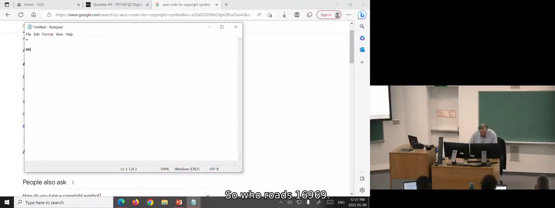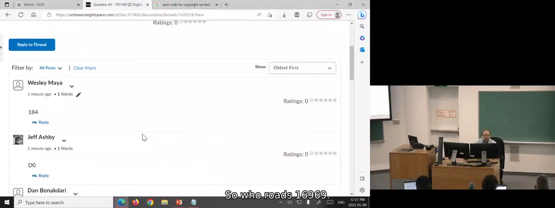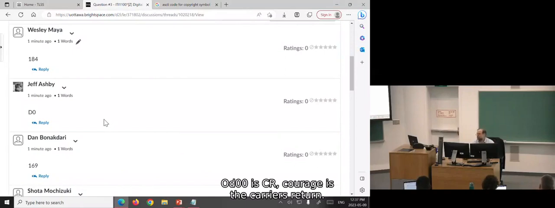So who wrote 169? D0 is how much? I just used the chart. The chart says CR at D0. Oh, D0 is CR, carriage return.